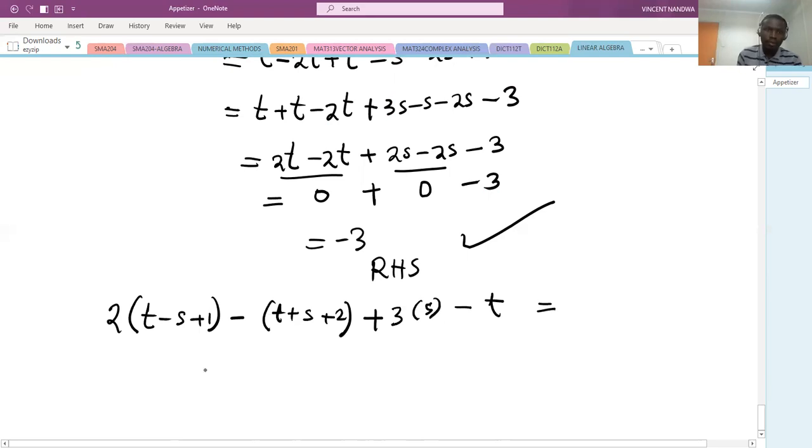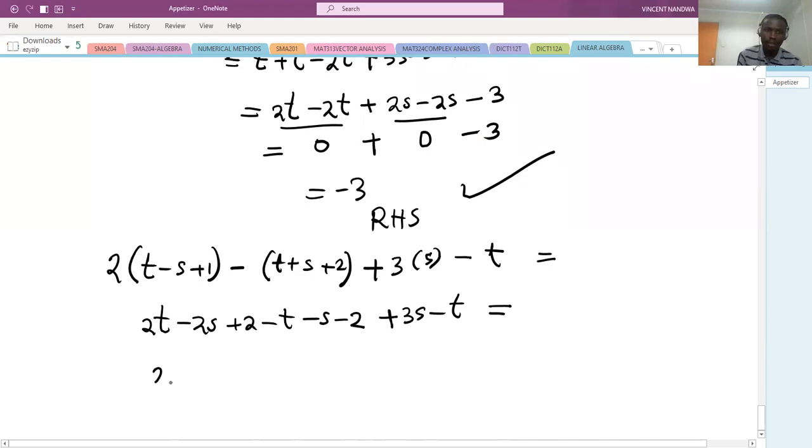So when you simplify, opening the brackets, you have 2t minus 2s plus 2 minus t minus s minus 2 plus 3s minus t. And then collect like terms: 2t minus t minus t, minus 2s minus s plus 3s, and then plus 2 minus 2.